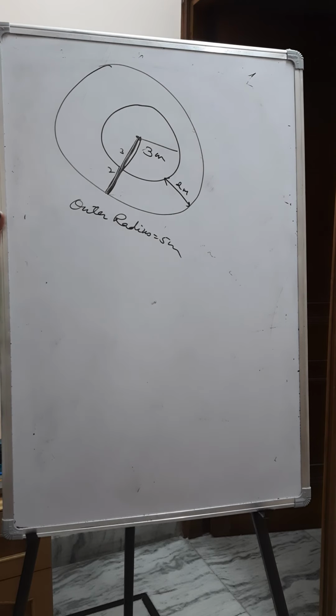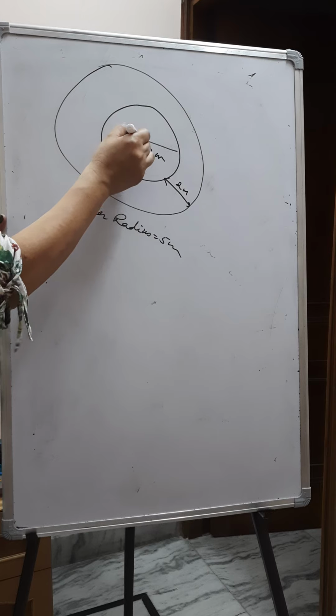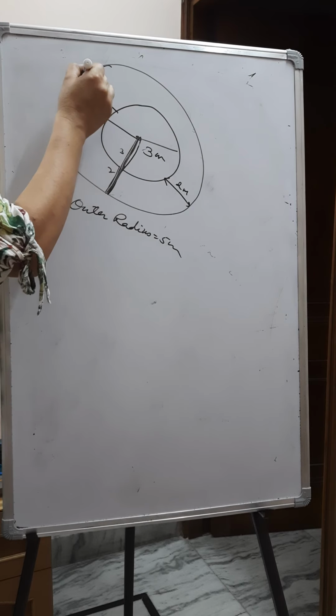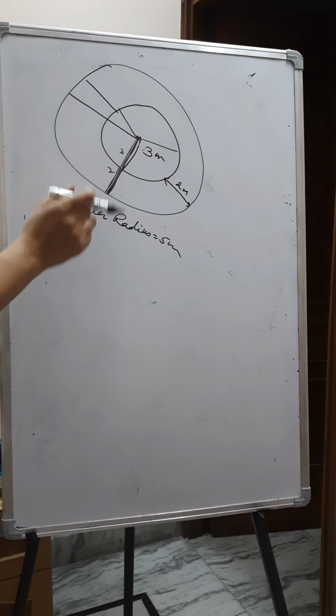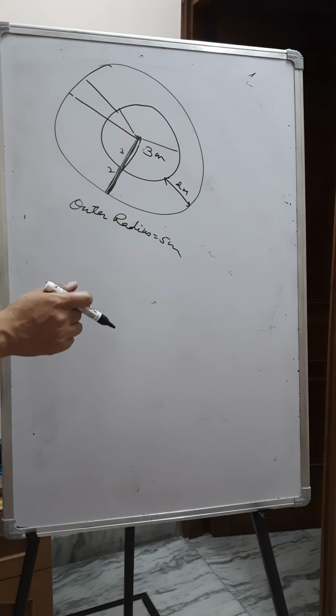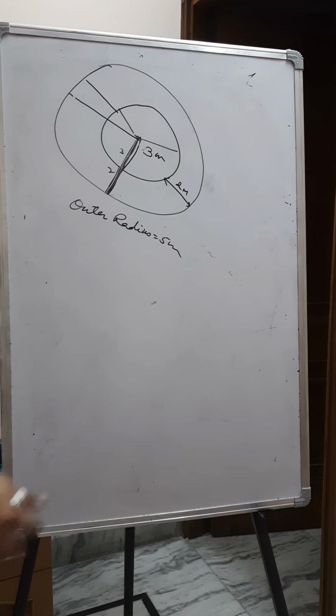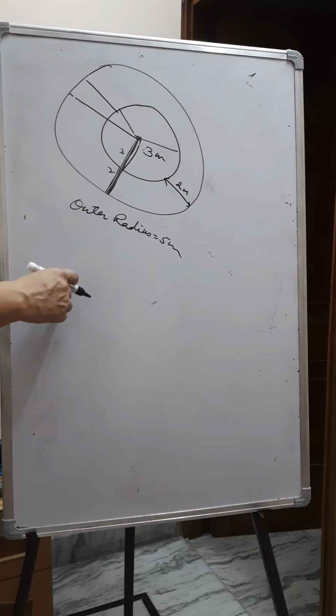And if outer is given and width is given, then from outer subtract this width, you will get inner. Then, if you have the radius, you can find the area or the circumference, depending upon the question. I hope this is very interesting and you understand it quite well.